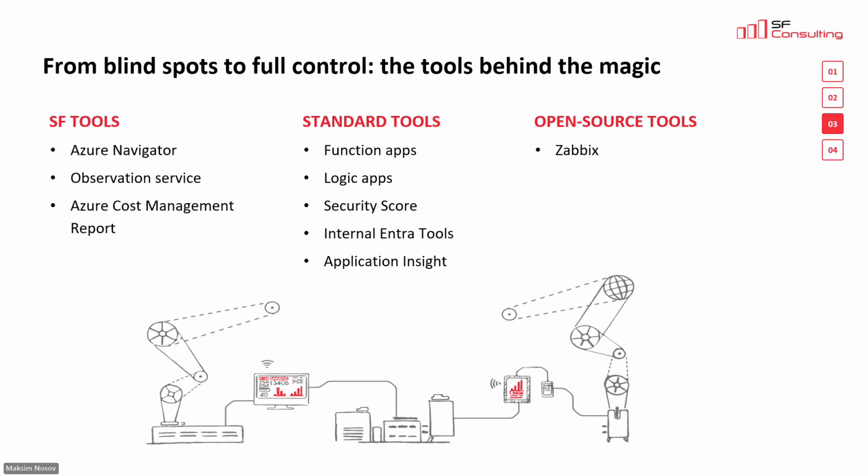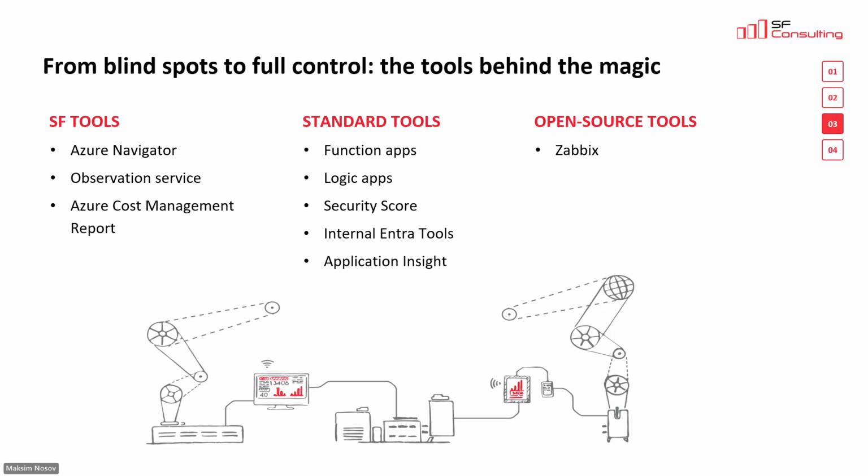So to solve this problem, we use our SF Azure Navigator service. That's a central environment hub where you can manage your environments. It lets you see all the available environments across all your subscriptions. So which application version is installed, what SKU is being used, and what disk types are being used right now, and how many of them are currently running.